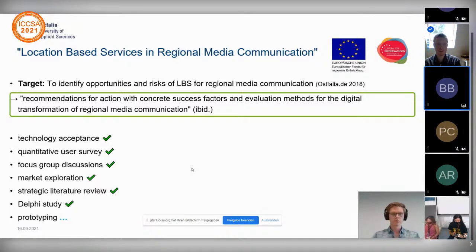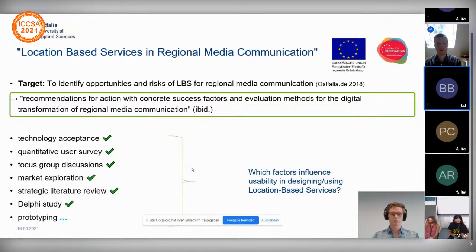This has already covered some technology acceptance studies that we've conducted, some quantitative user surveys, also qualitative stuff like focus group discussions, huge LBS market exploration, literature reviews, and a Delphi study that we've just finished and is also meant to cover some prototyping aspects in the near future.